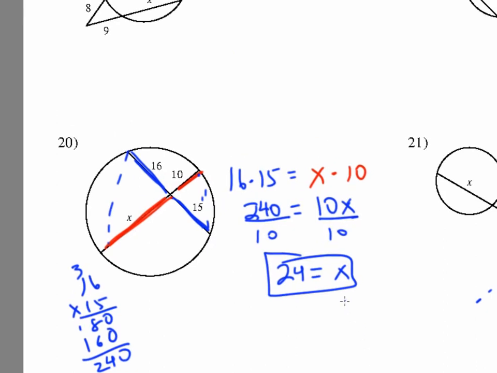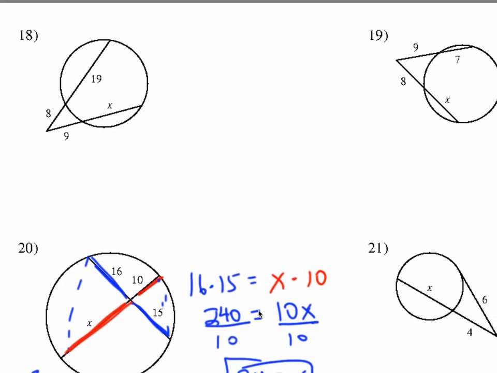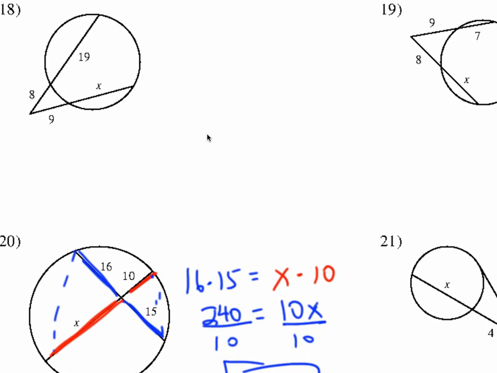Okay, let's try some of these other ones, starting at number 18. Remember, anytime it comes on the outside, we can't do this trick here. We have to say something like the outside part times the whole equals the outside times the whole.